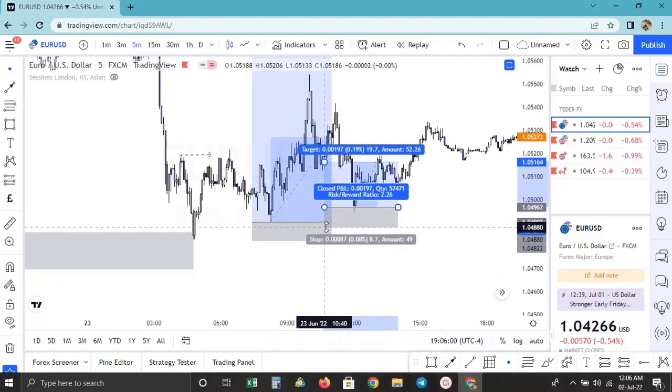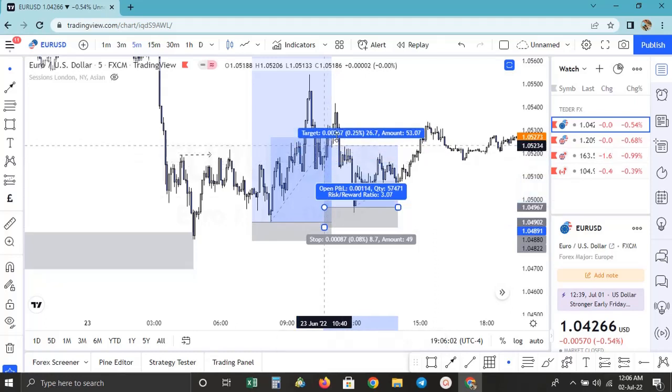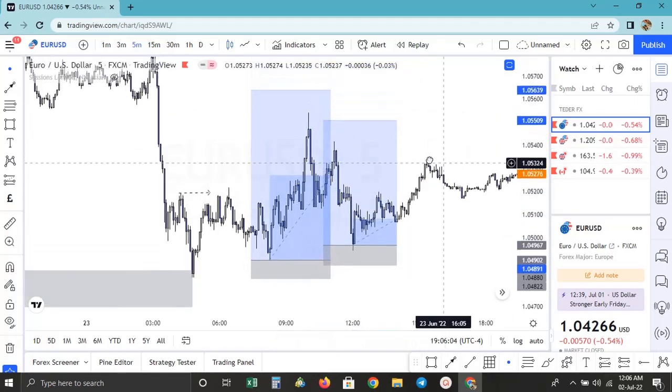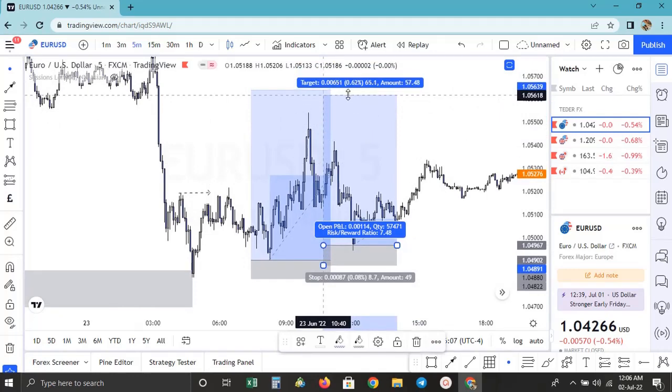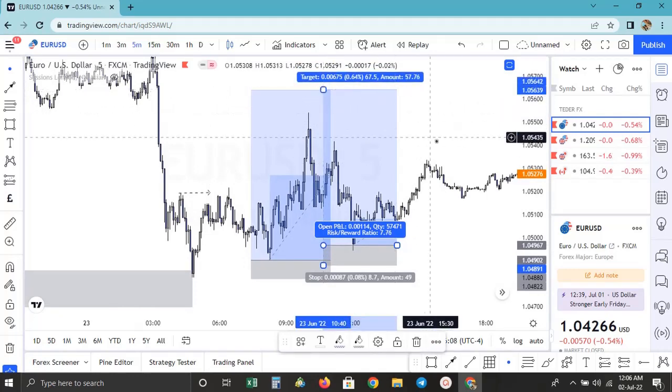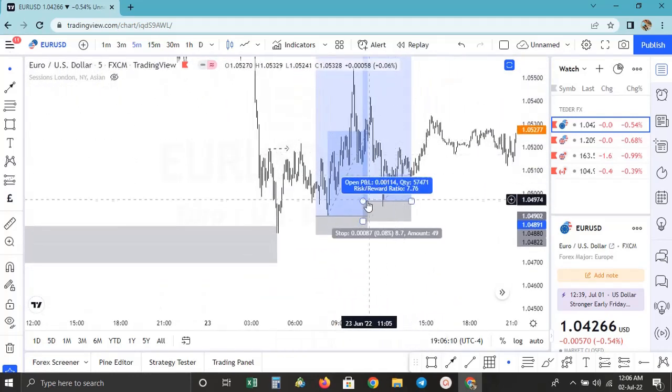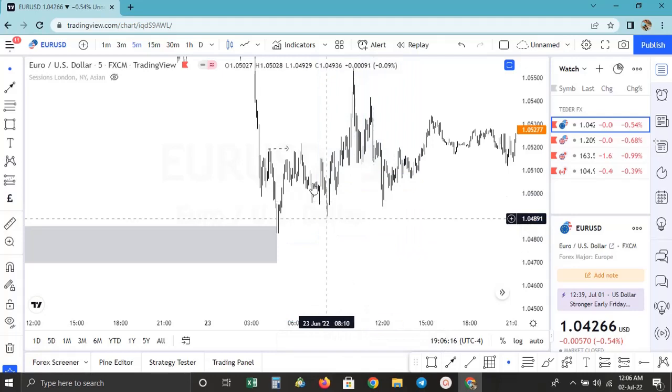I took this buy right from here. I target the same imbalance, right? Same imbalance. So we can see I was able 1 to 7 risk to reward, 1 to 9 risk to reward. So very, very nice trade.